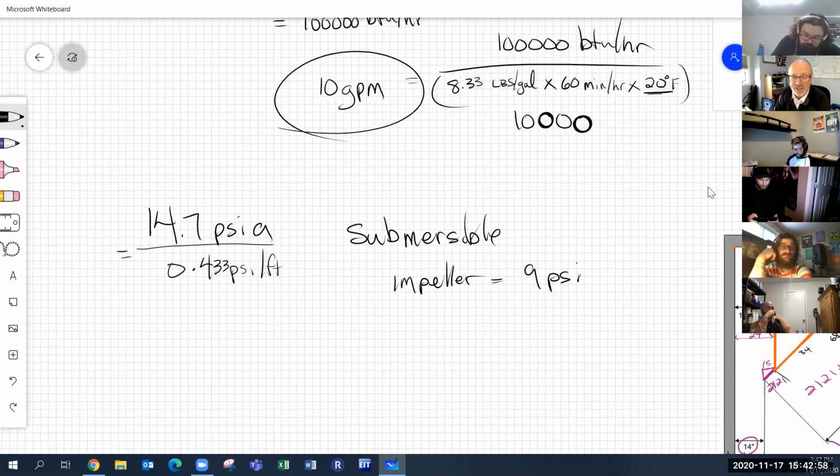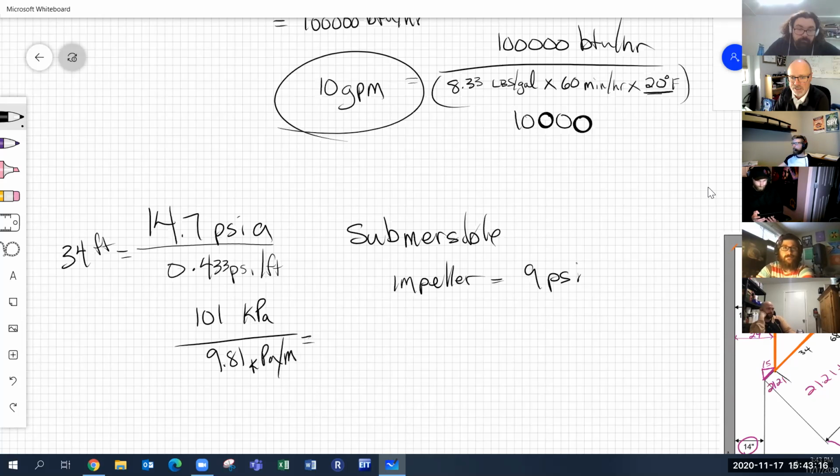Theoretically, you can only get about 34 feet of suction from any one pipe, and that's in a perfect vacuum. Of course, there is a metric equivalent of 9.81 kPa per meter, and that comes out to about 10.3 meters. So that's perfect vacuum.